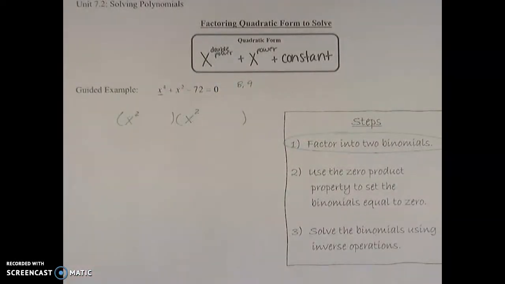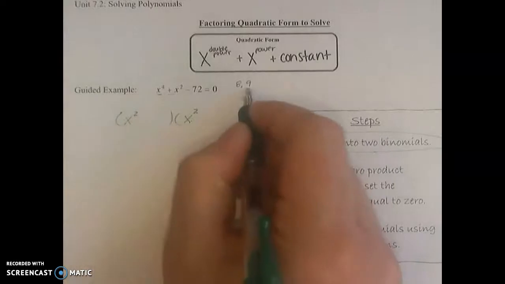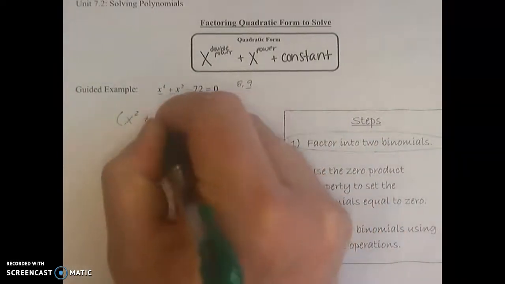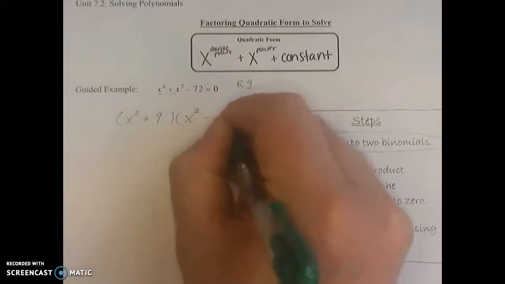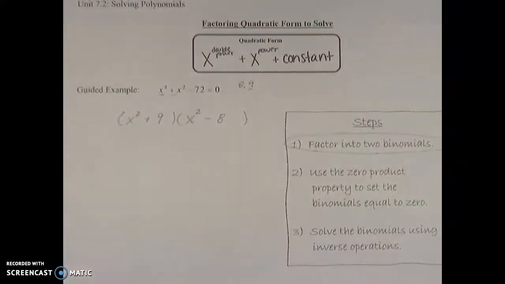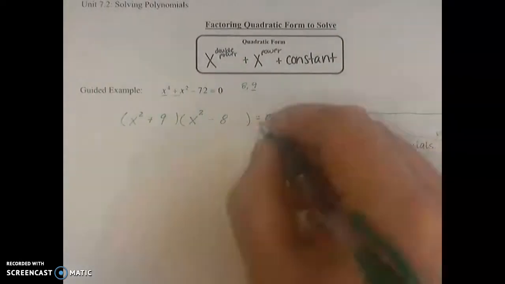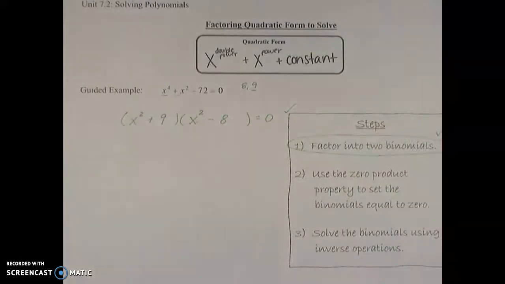Since this is positive, I'm going to make the larger number positive. So I'm going to go x squared plus 9, and x squared minus 8. All right, now that's still equal to 0. So we have completed our first step of factoring this quadratic into two binomials.